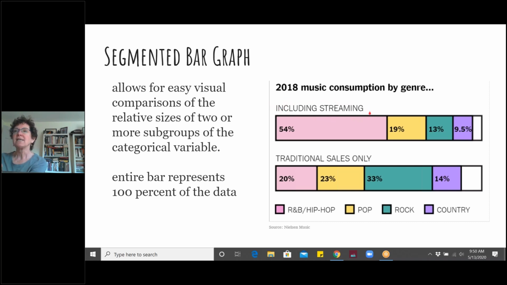What effect does streaming have on the kind of music that people are listening to? They always talk about the Billboard charts, number one on the charts. That has traditionally been measured by sales of actual albums or CDs and downloads, and also by how much airtime it got.